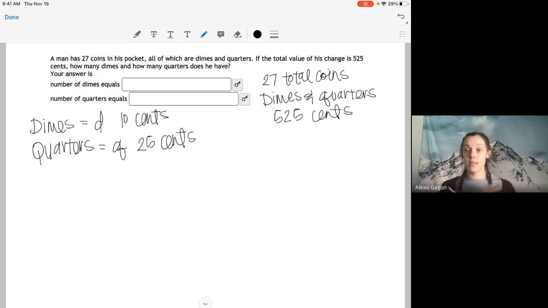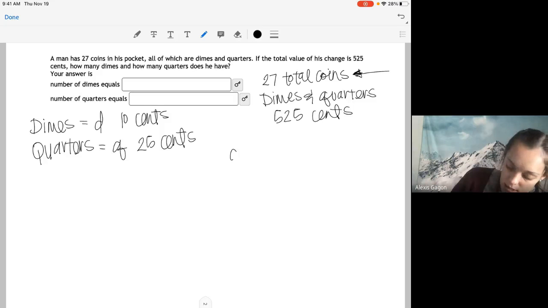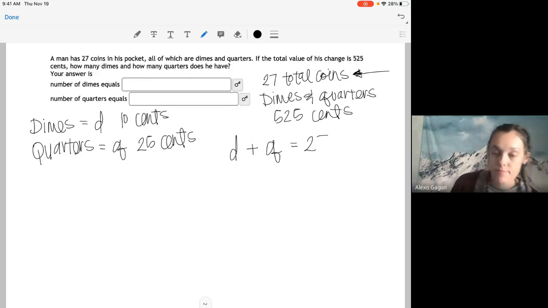So from this information, we should be able to set up two equations. First, we're going to use that the total coins is 27. If he has 27 total coins, that means his dimes plus his quarters equals 27. There's 27 dimes and quarters, don't know what is what. So D plus Q equals 27. And then we can use this 525 cents.